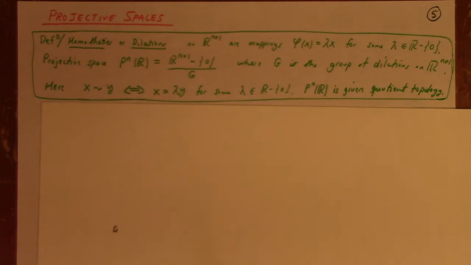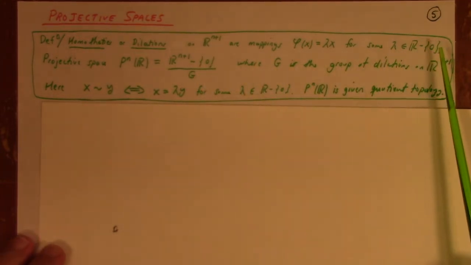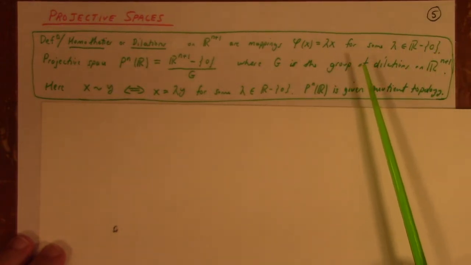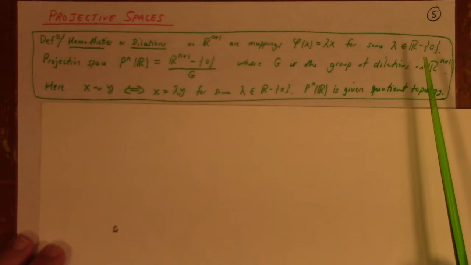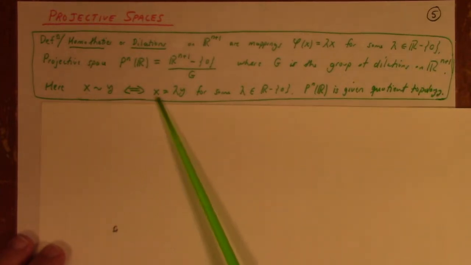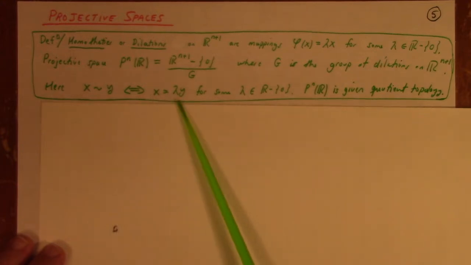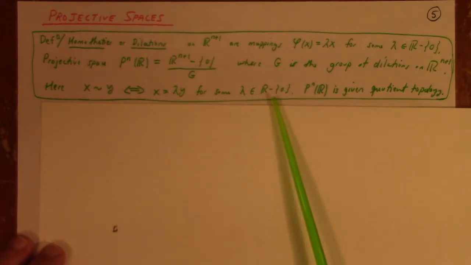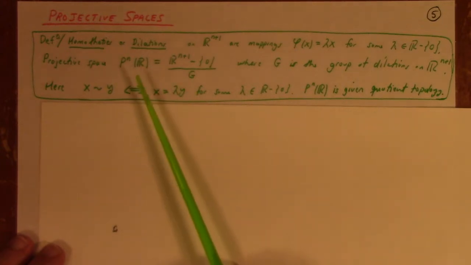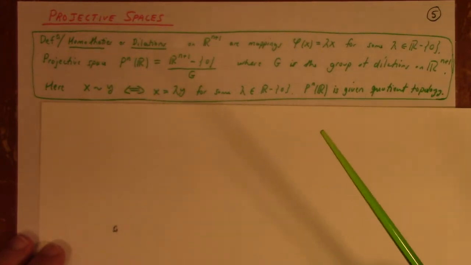So you've got to throw out the origin, otherwise it doesn't quite work. So throw out the origin, then all of the lines that go through the origin are the equivalence classes of the orbits here, and so x is equivalent to y means x is equal to lambda y for some non-zero real lambda. And then we give this space, which we call projective n space, the quotient topology.